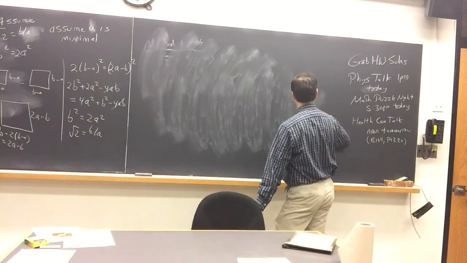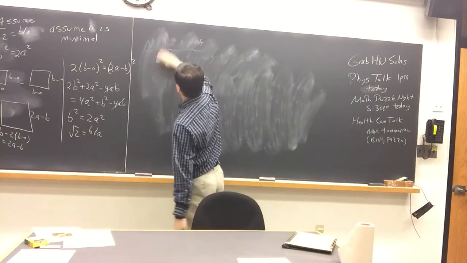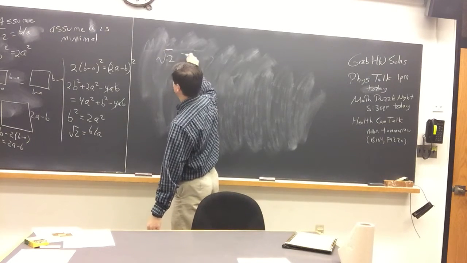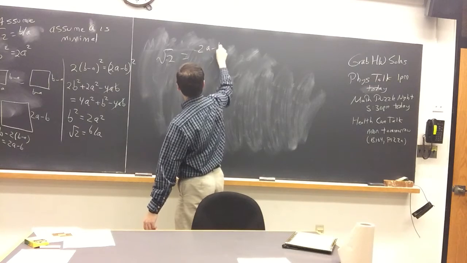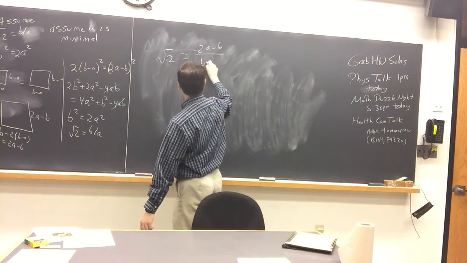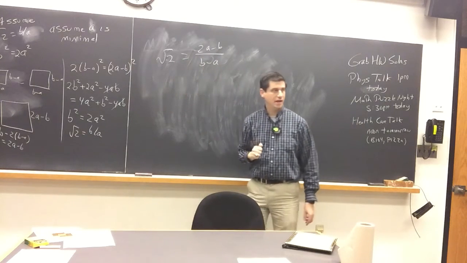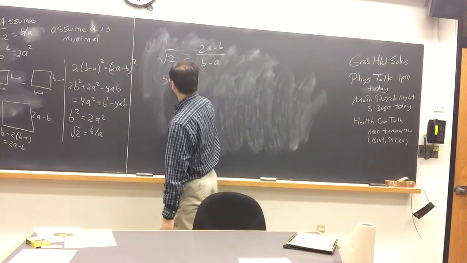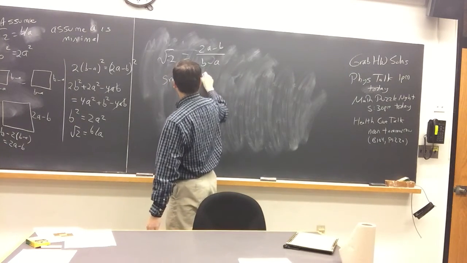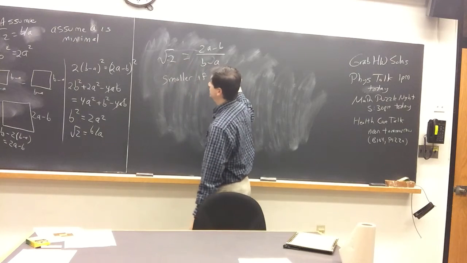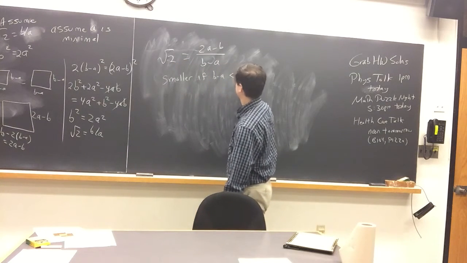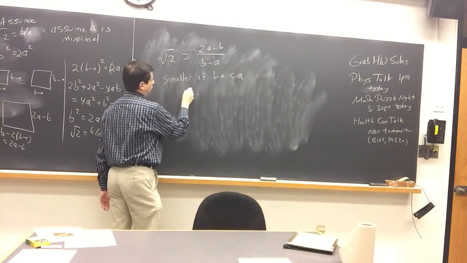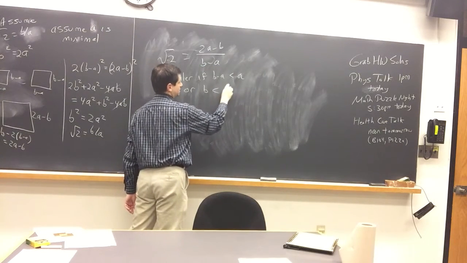So we now have square root of 2 is 2a minus b over b minus a. And this will be smaller if b minus a is strictly less than a, or if b is less than 2a.